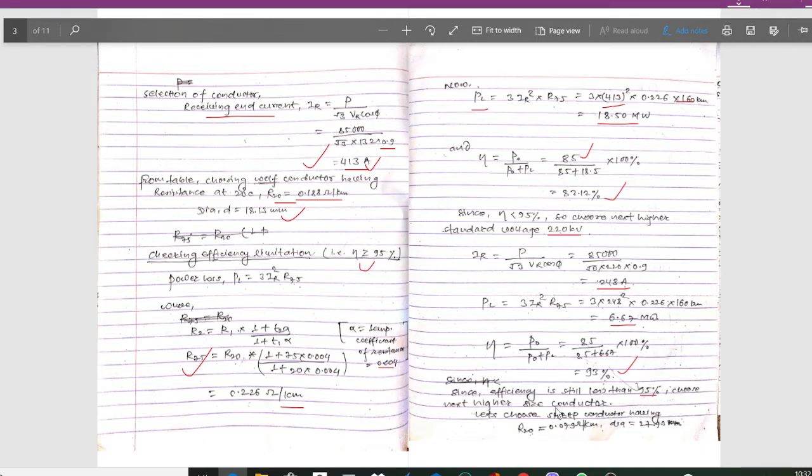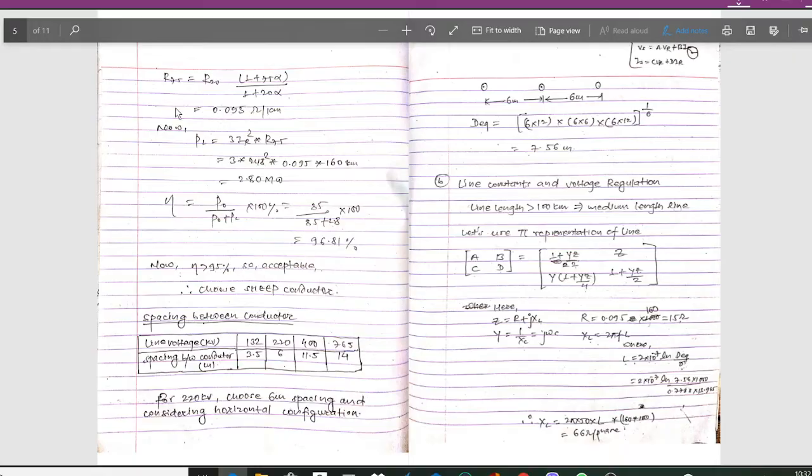So we choose the next higher size conductors. Let's choose ship conductors, and from the ship conductor table you can take R20 equal to 0.079 ohm per kilometer and the diameter as 27.93 mm. You can check the table to know the value of R20 and the respective diameters for ship conductors. Similarly, if you calculate the value at R75, we will get 0.095 ohm per kilometer.